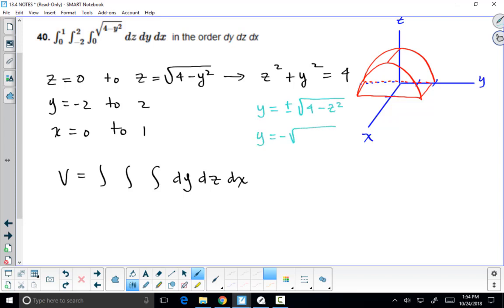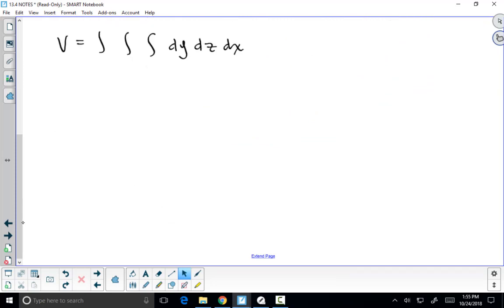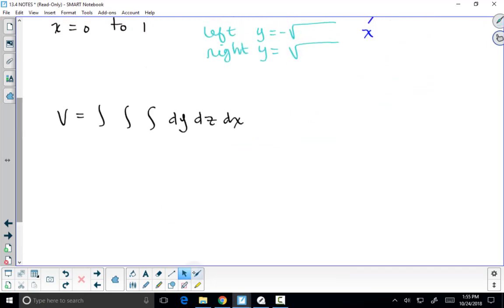Y equals negative square root is left, and y equals positive square root is the right surface. So the left surface is the negative part of that cylinder, and the right surface is the positive square root of that cylinder. Does everyone agree with that? Okay, so we're going to go on the inside from negative square root of 4 minus z squared to positive square root of 4 minus z squared.